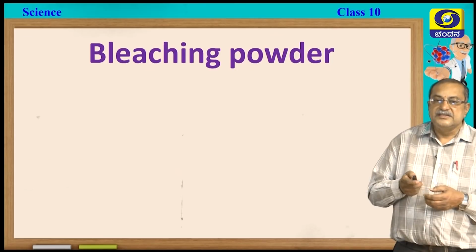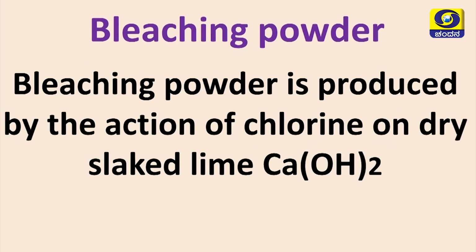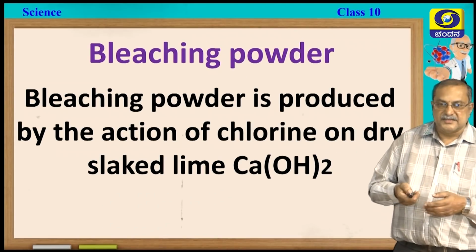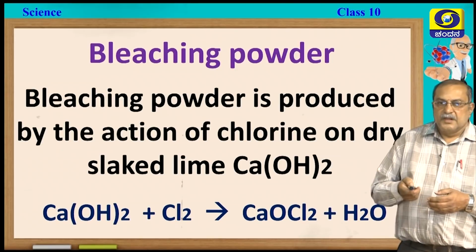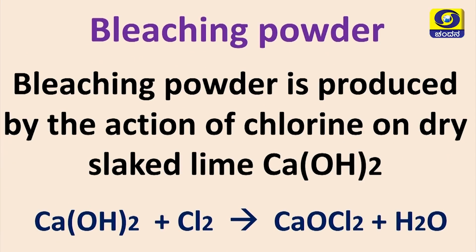Now, we go for bleaching powder. Bleaching powder is produced by the action of chlorine on dry slaked lime, that is Ca(OH)2, calcium hydroxide.